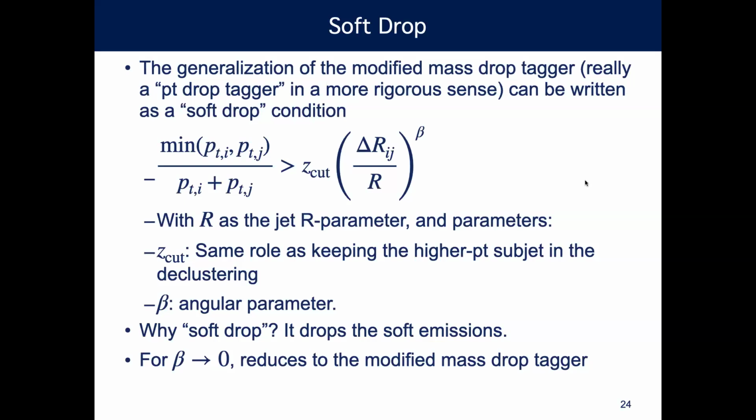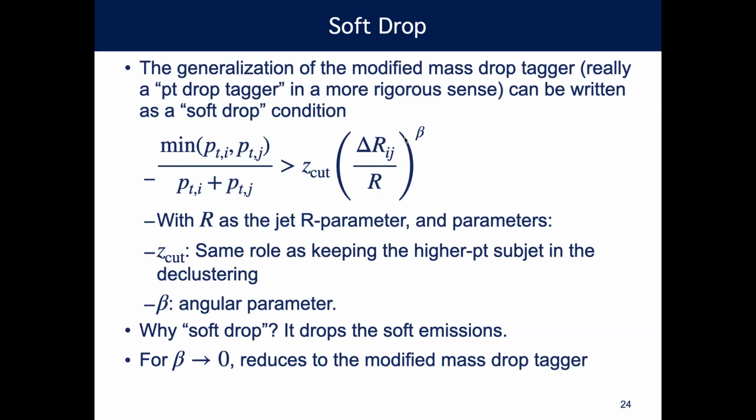It turns out that this can then be generalized to the soft drop algorithm, which is now a pT drop in a more rigorous sense. This is known as the soft drop condition. You take the minimum of the pTs at the final step of your unclustering, and you divide by the total sum, and that has to be greater than some parameter z cut times the angular distance between them, scaled by the R parameter that you're picking.